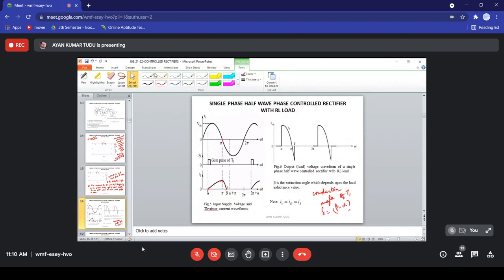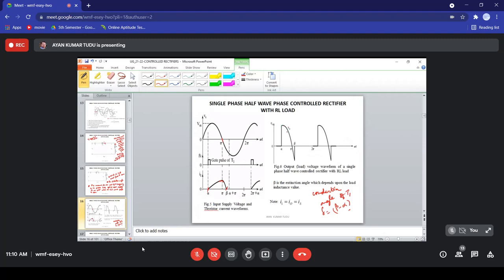Okay, so this is beta. So basically what we are trying to say is that it is measured from the point of the beginning of the positive half cycle of the input supply to the point where the load current falls to 0. From this point to here, that is the value of beta that we are measuring. Then, as you can see from this figure, on the left hand side we have our Vs, and on the right hand side we have our V0.